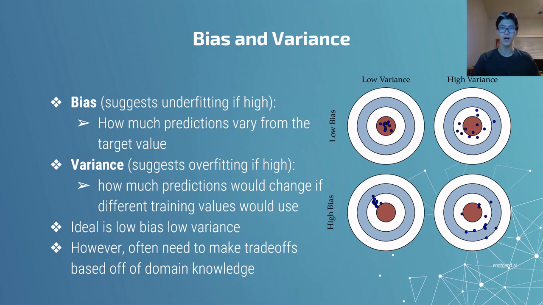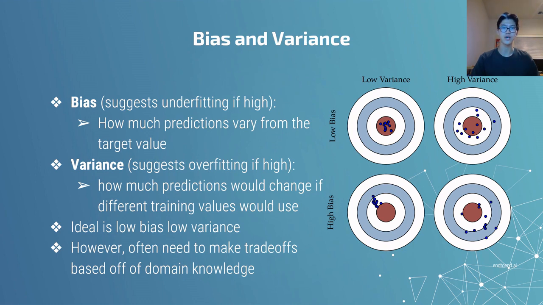But in the real world, oftentimes this isn't the case. You'll have scenarios where you've got high bias, low variance, and high variance, low bias, and hopefully not high bias, high variance, but that does sometimes happen. Oftentimes, you'll be forced into a trade-off between bias and variance. In other words, you have to trade between overfitting and underfitting.